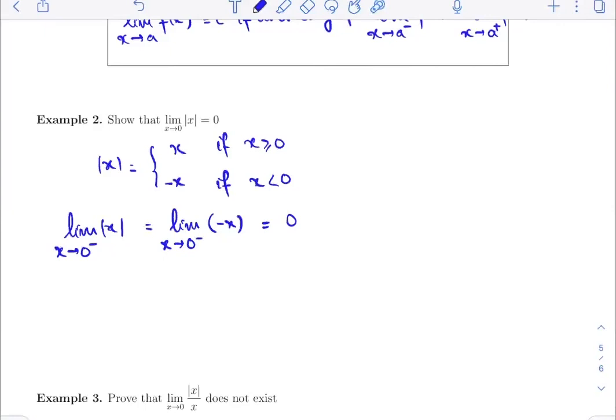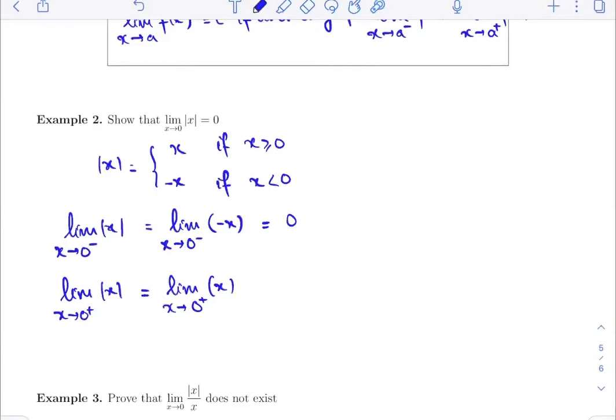On the other hand, when you find the limit of the absolute value function as x approaches 0 from the right, you consider the values of x on the right of 0. So this is equal to the limit of positive x as x approaches 0 from the right.